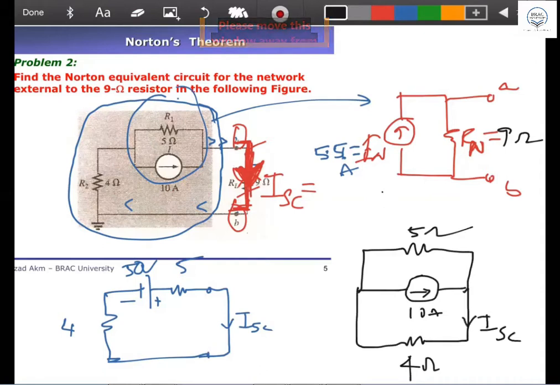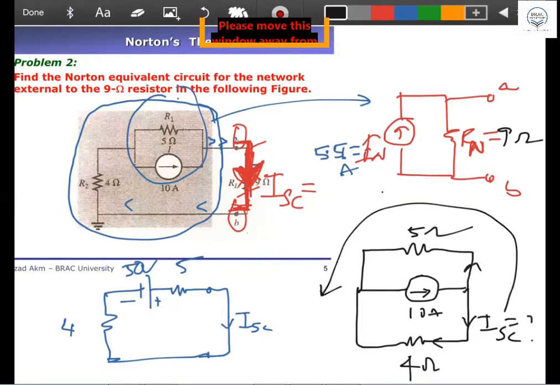Yes, sir. That is the current flowing through 4. So current division rule: total current divided into two parts. I am going to find the I short circuit part. What does the current division rule say? I think every child should know what this I short circuit is equal to.